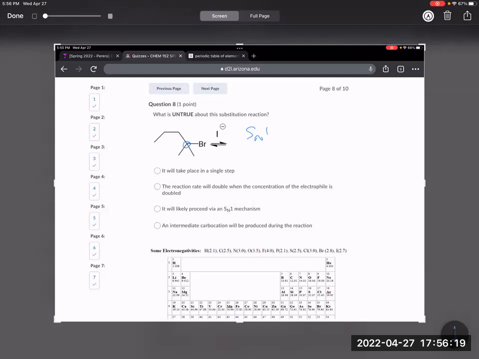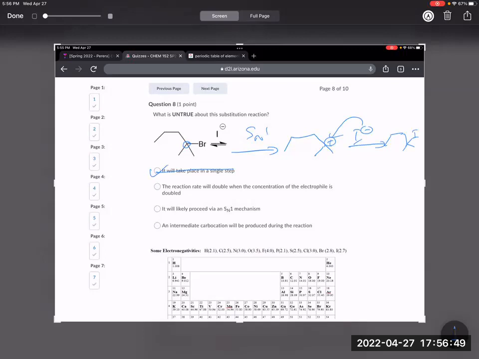The first is the formation of the carbocation, and then second, the nucleophilic attack by the nucleophile. Those are the two steps of this mechanism. So single step is out. That is incorrect. That is untrue. It should be two steps.